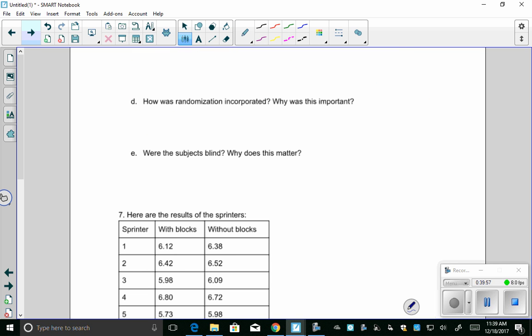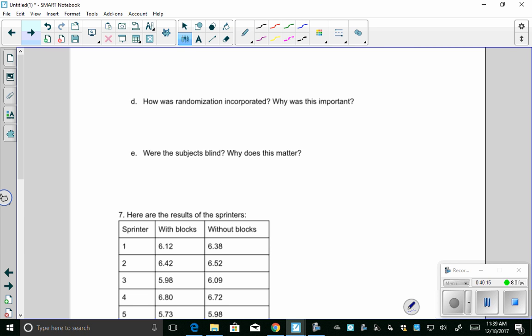How was randomization incorporated? Is it randomized when they're blind to it, when they don't know? Can they be blind on this one though?